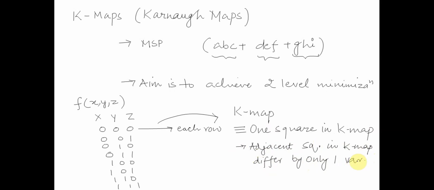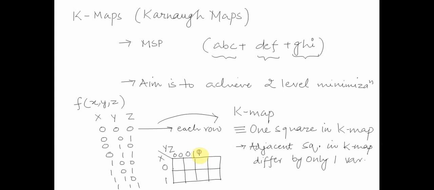Now, if I have to form a K-map for this three input function, I will create a box with two rows and four columns. If x is 0 over here, x is 1 over here, this is 0 0, this is 0 1.